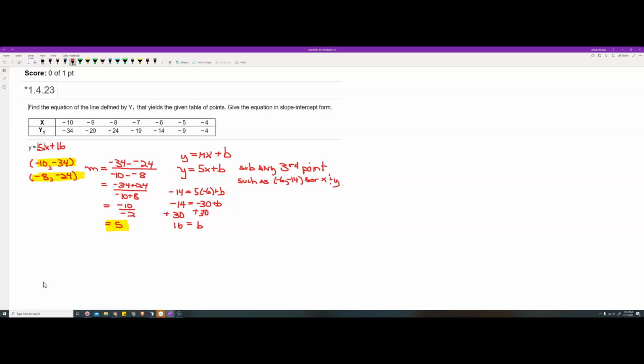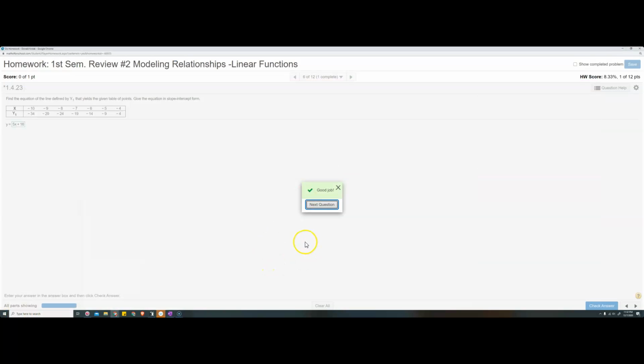And then I chose a third point, -6, -14, and I substituted that in for x and y, and then I solved the equation for b, and I got 16. So my overall equation is 5x plus 16. And then you type that in.